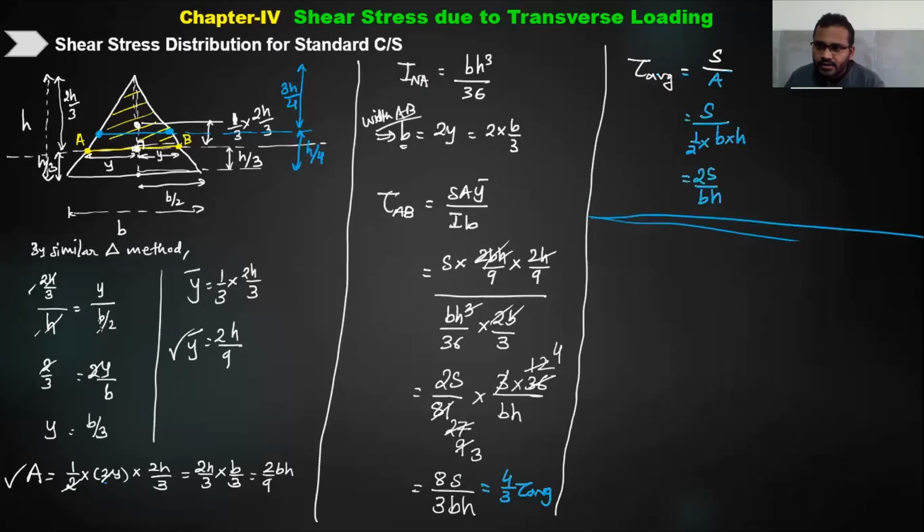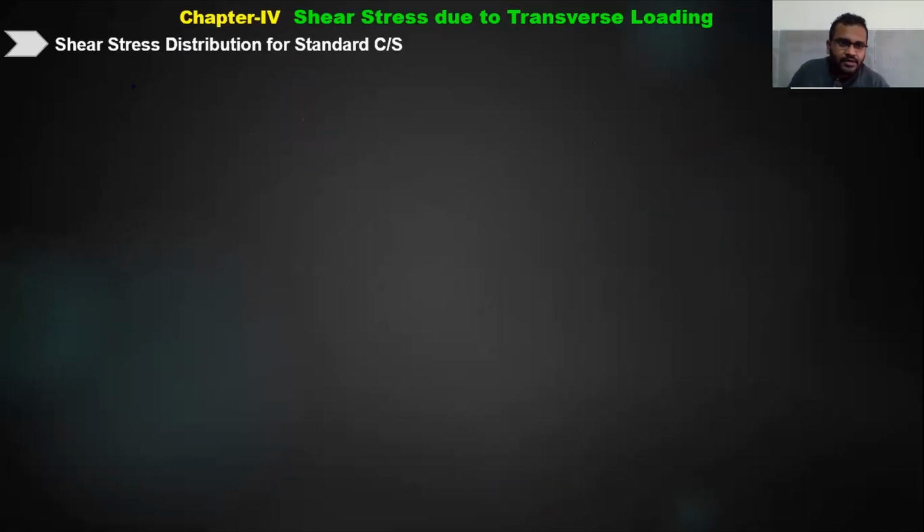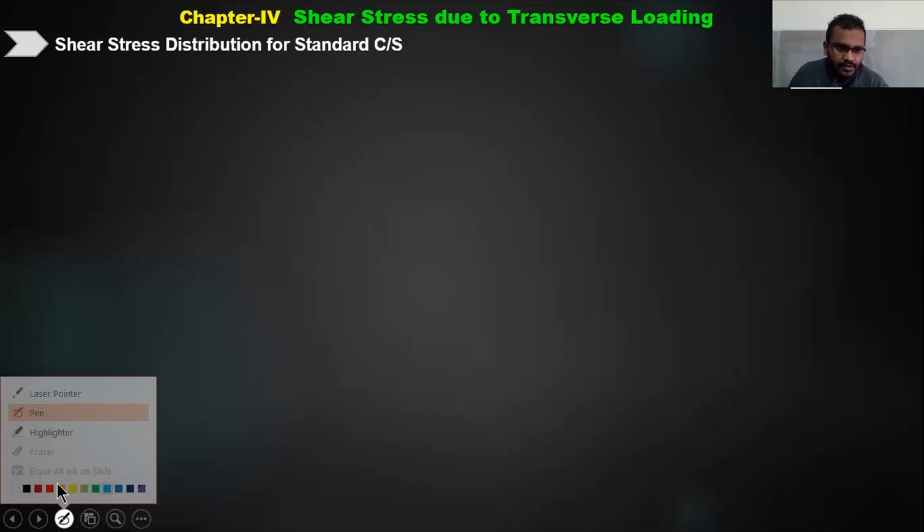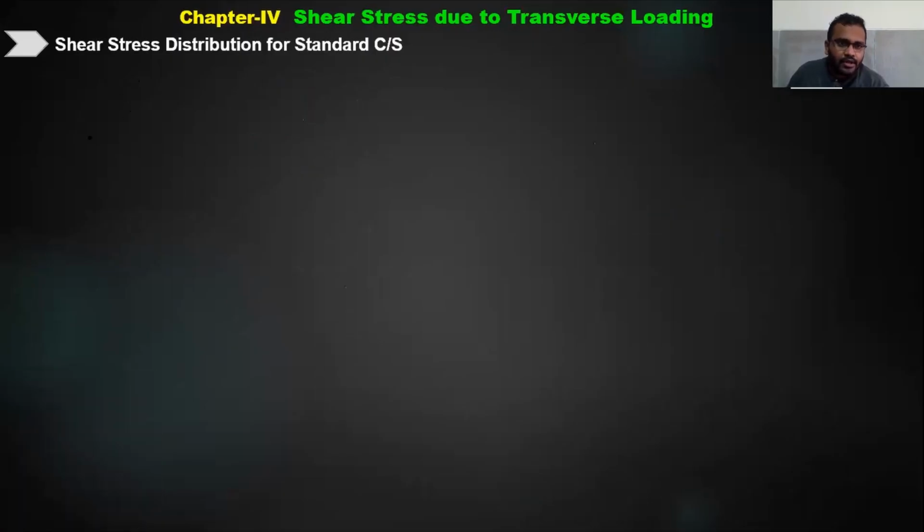Let us quickly do it on the next page. Quickly I am drawing the triangle. Okay, I am interested in finding out the shear force at this particular layer AB.